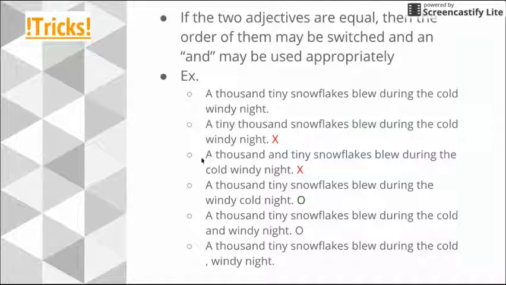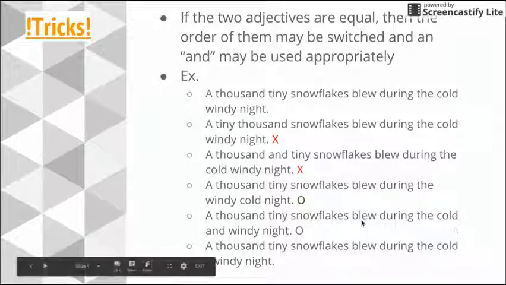So this also doesn't work if you say 1,000 and tiny snowflakes. And so, this first part of the sentence is cumulative adjectives. Whereas for the second part of the phrase, 1,000 tiny snowflakes blew during the windy, cold night makes sense, as well as if you put an "and" in between cold and windy.